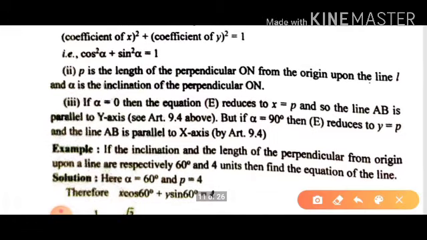If alpha is equal to 0, it reduces to x equal to p, so the line AB will become parallel to the y axis.